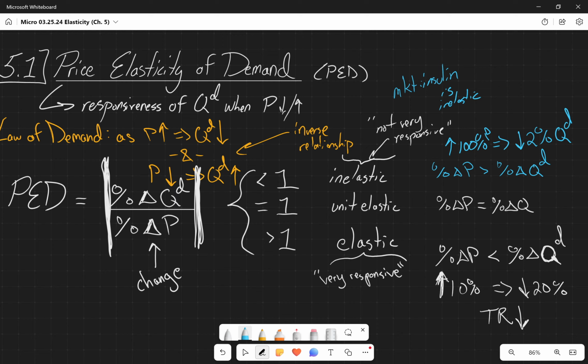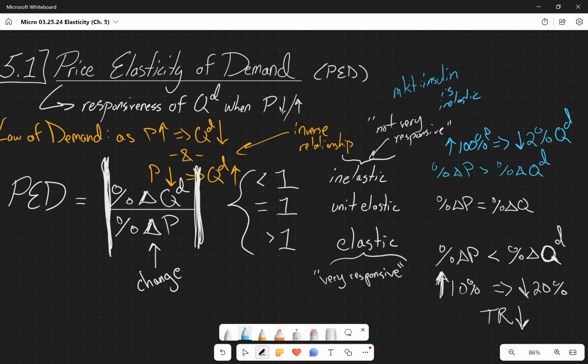So these are our responsiveness measures. Inelastic is not very responsive. Things like life-saving medicines are inelastic. Elastic is very responsive. Things like luxury vacations, eating out, dessert are elastic, right? If the price of an eclair doubles, you're probably not likely to buy it.